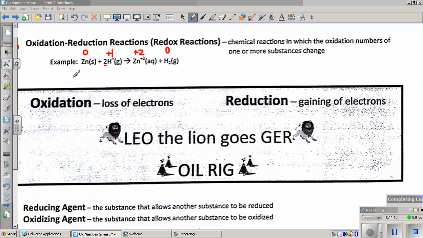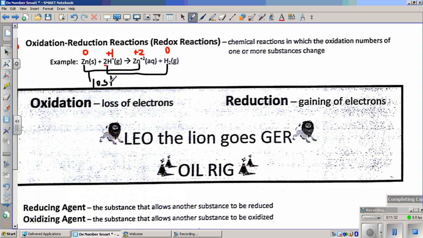So what we have happening here is two different things. Zinc is going from a 0 to a +2 charge, oxidation number. Hydrogen's going from a +1 to a 0. So 0 to a +2 means that zinc has lost electrons.